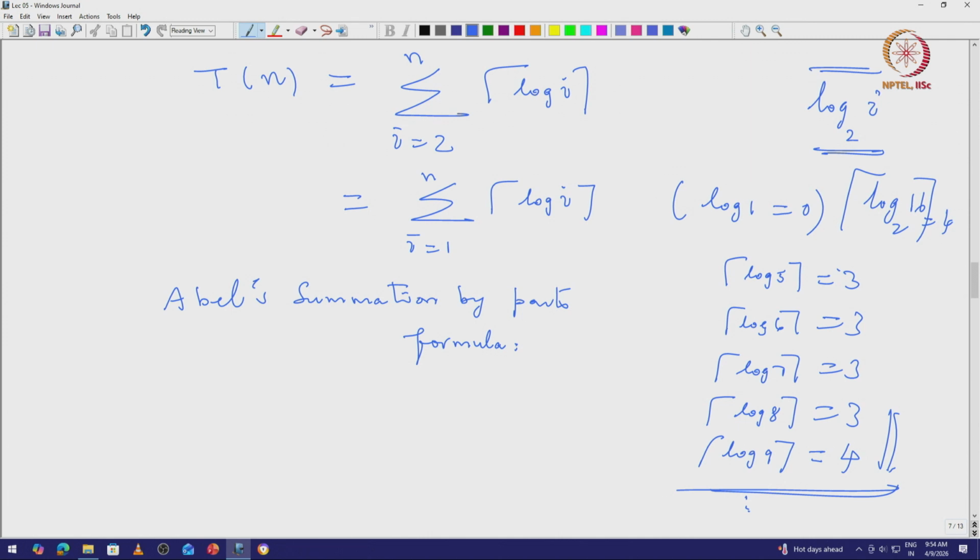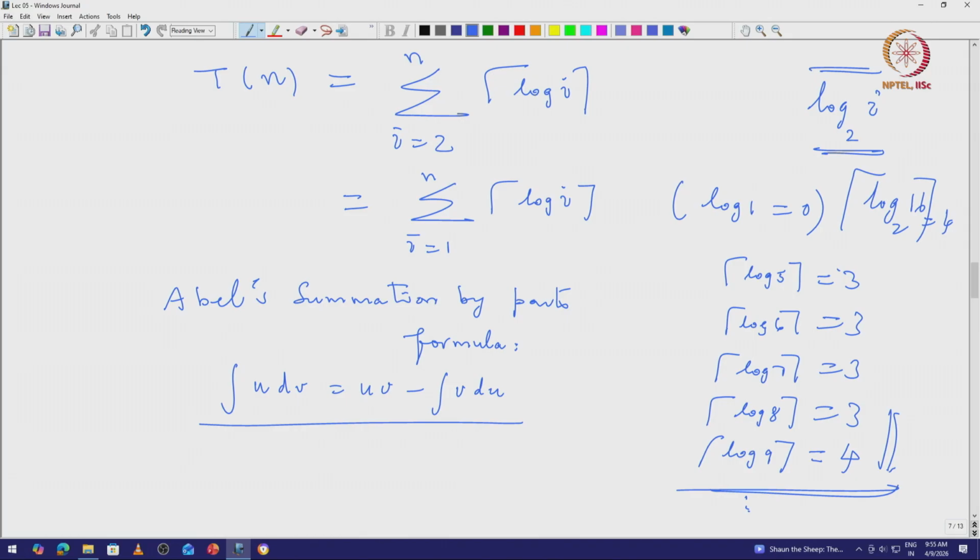You know that integral u dv equals uv minus integral v du, something similar to it. This is the continuous version. Abel's formula is a discrete version of this. So, what we are going to see is discrete summation by parts. This is continuous summation by parts, that is integration by parts, but we are going to have summation by parts, which is very similar to it, the analog of this.